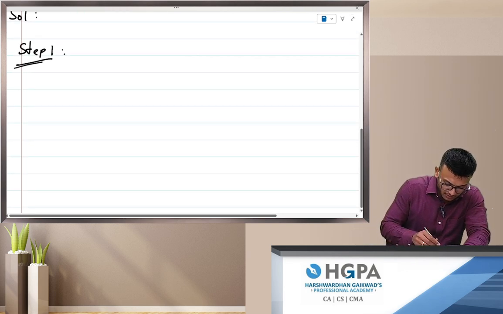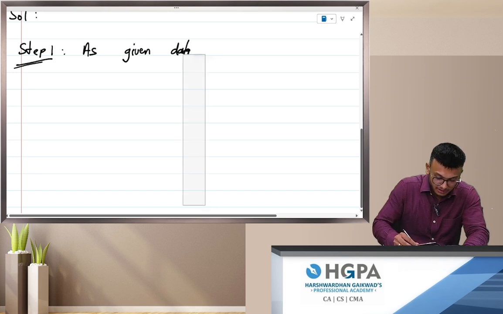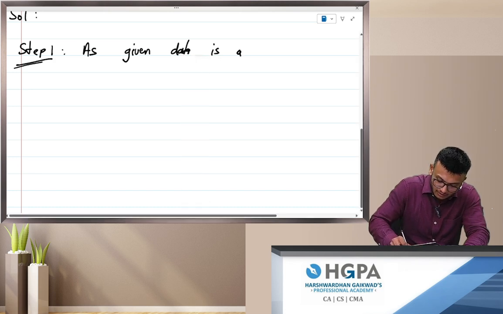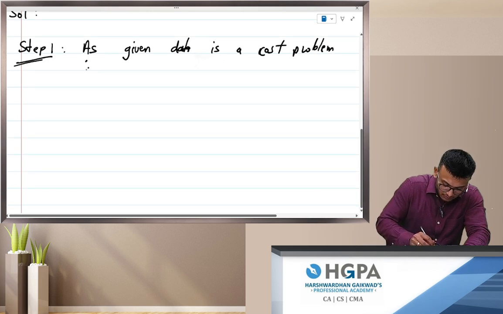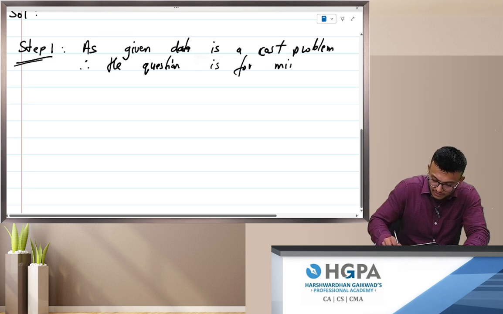So please write down over here: given data is a cost problem. Therefore, the given problem is for minimization.